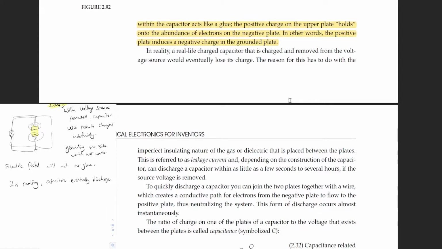The reason for this has to do with the imperfect insulating nature of the gas or dielectric that is placed between the plates. The insulator, okay, got it. So they're not going to go to ground or anything, but eventually there's going to be leakage between the two plates, basically, because the insulators used are not perfect.